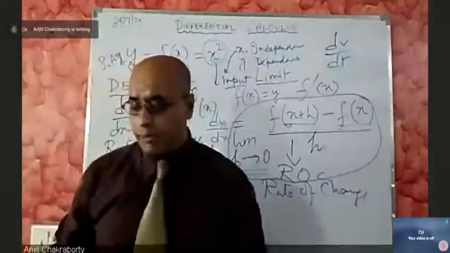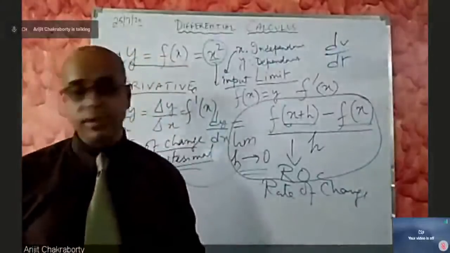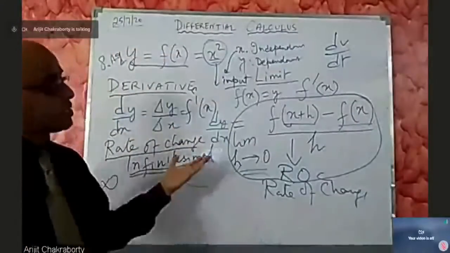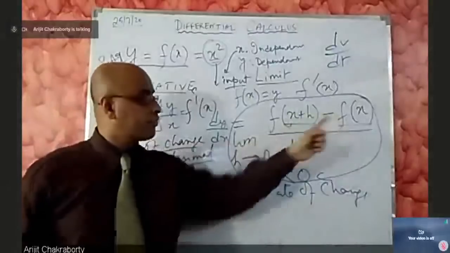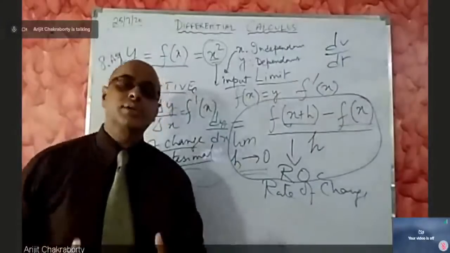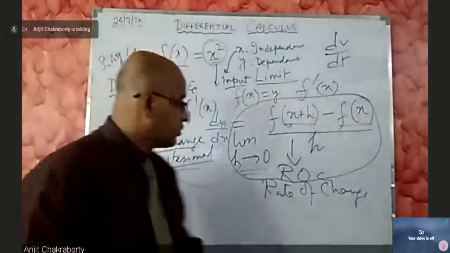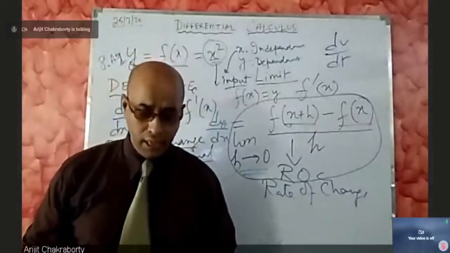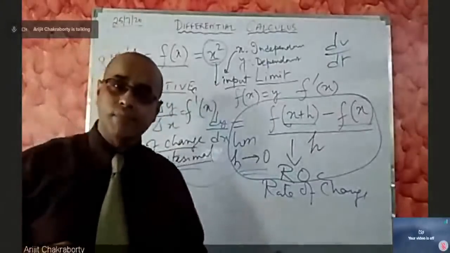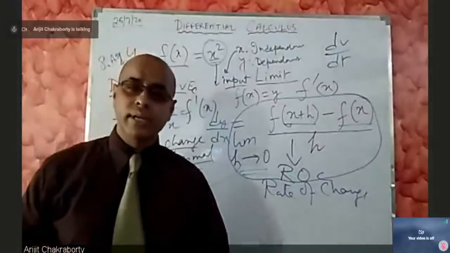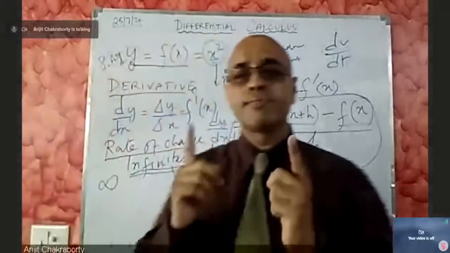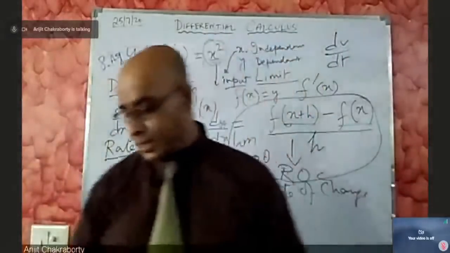Okay, so I'm sure now it's clear to you, this is the derivative. This is also called the differential coefficient, and therefore dy by dx you can say is f of x plus h minus f of x by h as limit h tends to 0, and the differential coefficient measures the rate of change. Here we are measuring the rate of change in y due to a change in x. In case of acceleration, we are measuring the rate of change in velocity of a vehicle with respect to time. So this is the derivative.